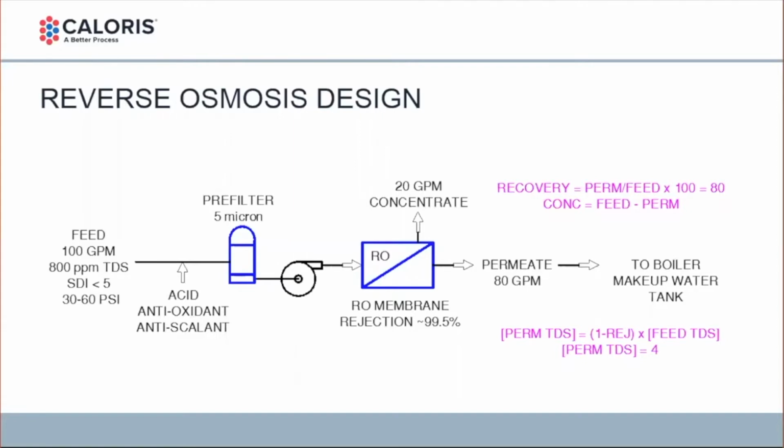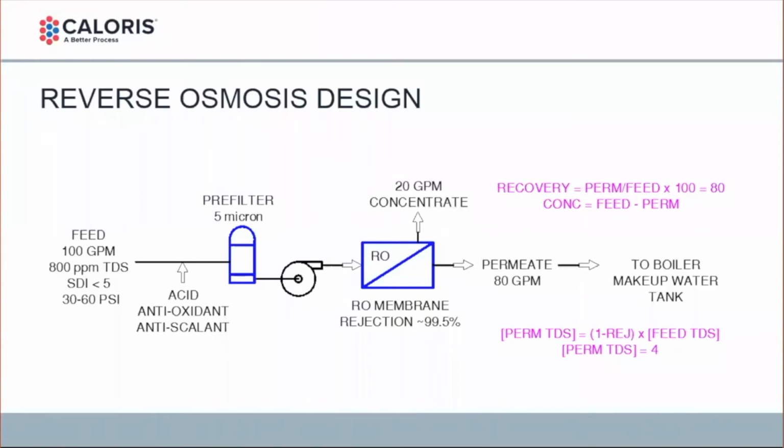So using that recovery formula, we end up getting a feed of 100 GPM based on an 80 GPM permeate rate. The concentrate going down the drain is going to be the feed minus permeate. That'll be 20 GPM.